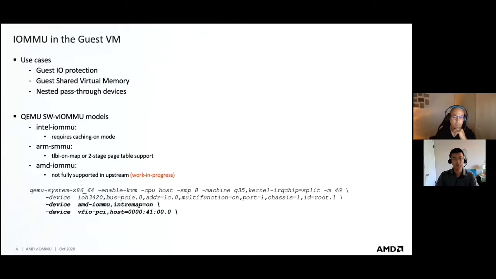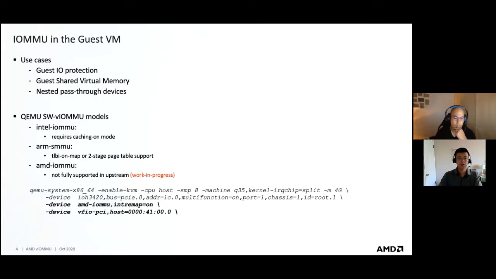For example, we have Intel IOMMU support in QEMU. Similarly, for ARM SMMU, we have the same capability. For AMD IOMMU, we do support pass-through for the emulated device. But for VFIO PCI pass-through, this project is still work in progress. Recently, we just submitted a series of patches to enable this feature.